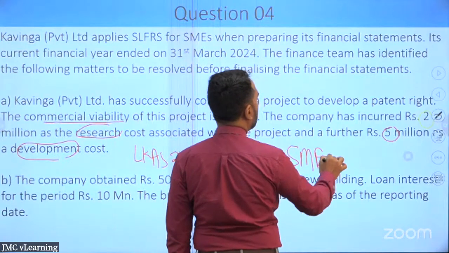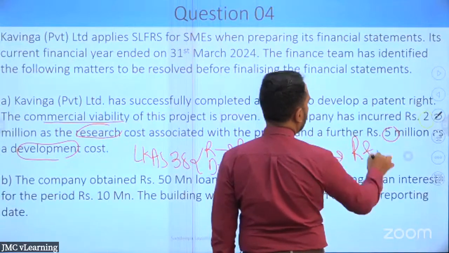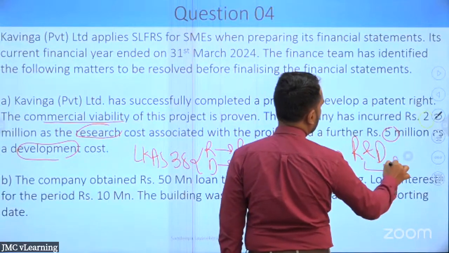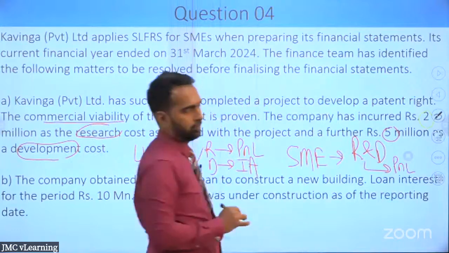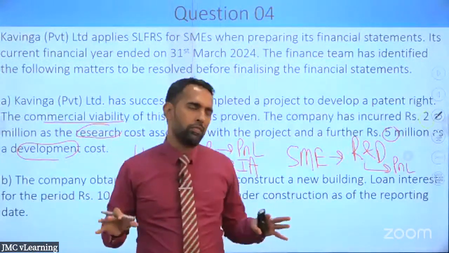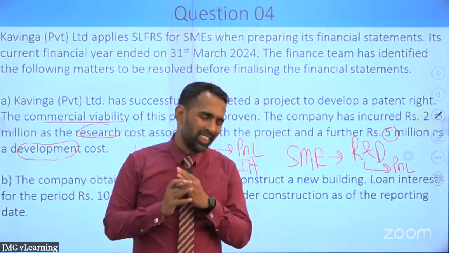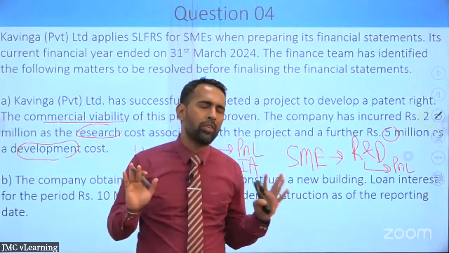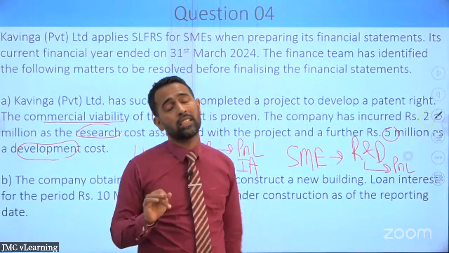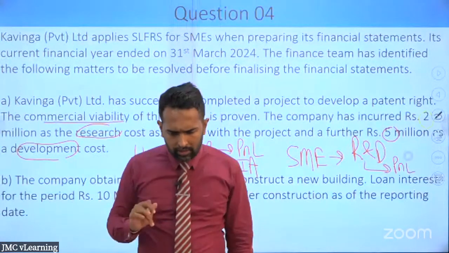So in the SME, the standard says whether it is research or development, you have to charge it to profit or loss. We don't care. In SLFRS for SME, just charge it to profit or loss. You cannot recognize the development cost as an intangible asset, right?